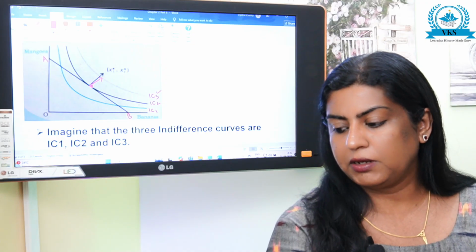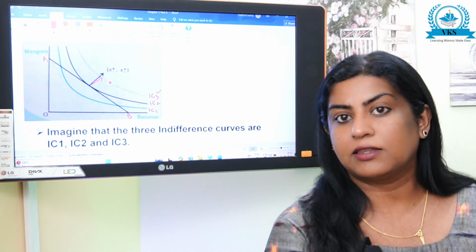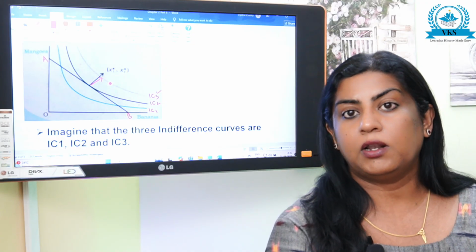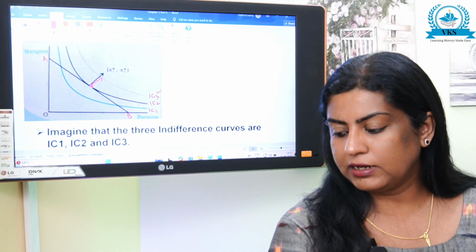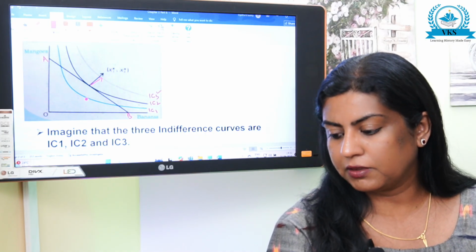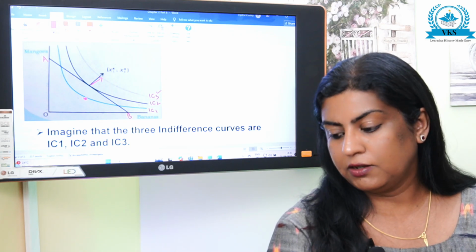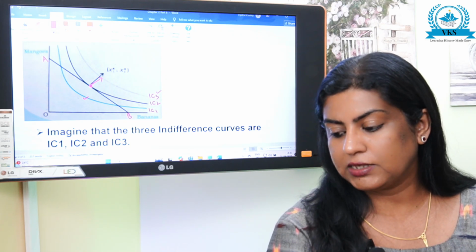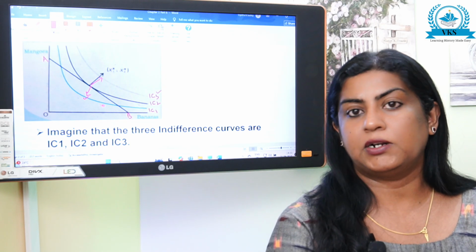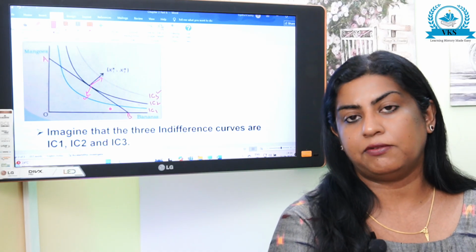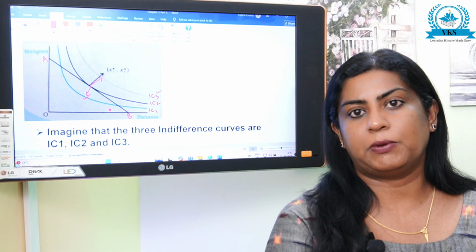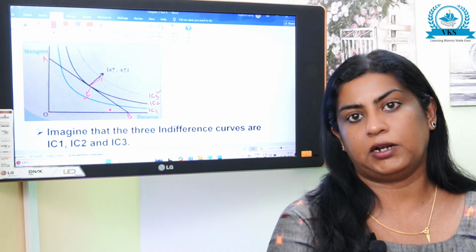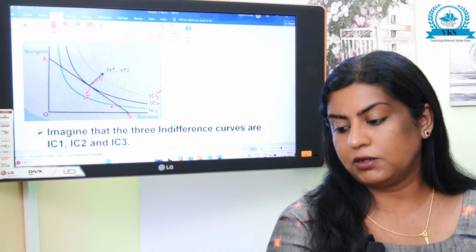That means if you have to get IC3 satisfaction, you will have to spend more than your income. That is not possible. So let us see about IC1. This blue color is IC1. If I see, it is below the budget line. So if I choose that combination, then I will have to underspend, less amount of money. So what is the optimal choice?